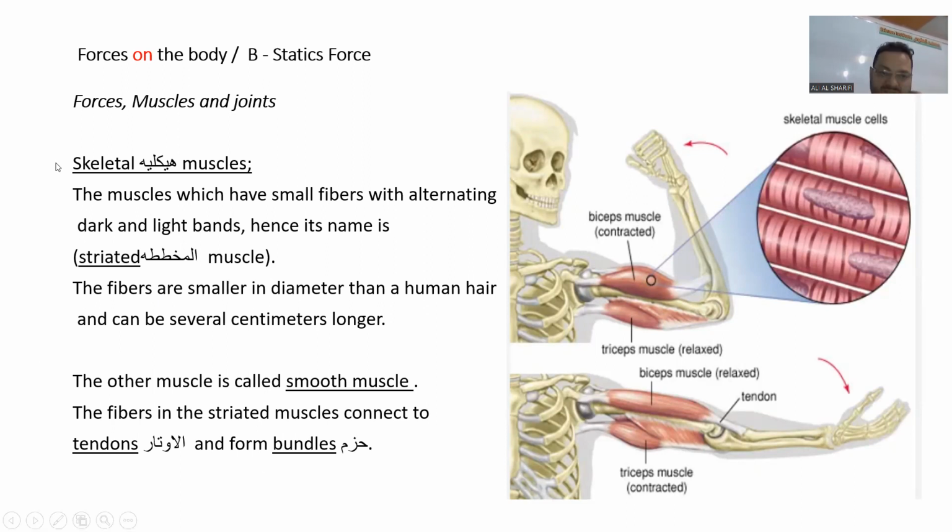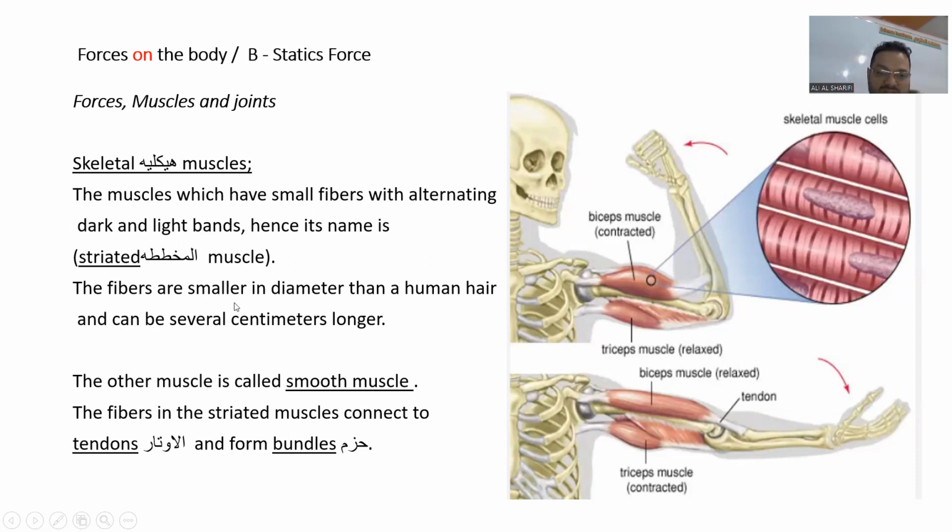Skeletal muscles are muscles which have small fibers with alternating dark and light bands. Let me explain these dark and light bands. Here I have light, here I have dark bands. By that, we call them striated muscles, as in the biceps and triceps.